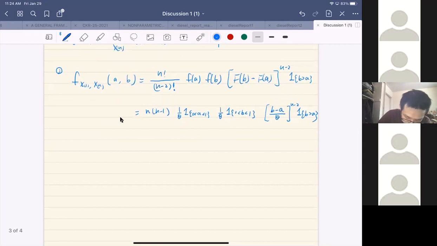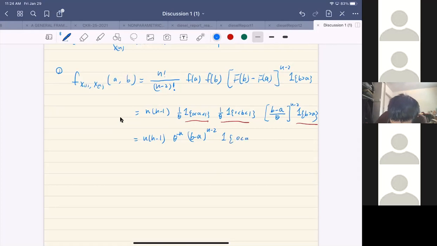And we can do some rearrangement. It becomes like this: theta to the negative power n, and (b minus a) to the power n minus 2. And we can combine these three indicator functions.